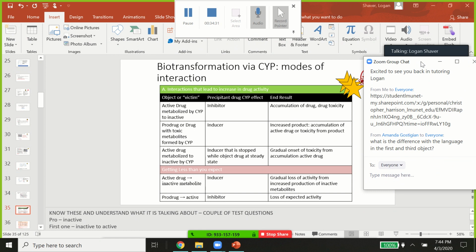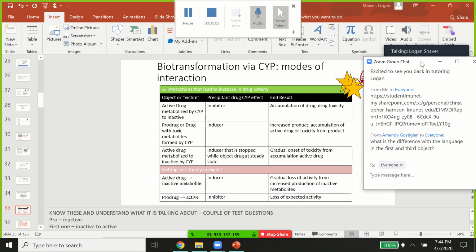So that would be an inducer that is stopped while object drug at steady state. I guess since it's already at steady state, that makes it different. That one is kind of weird though.